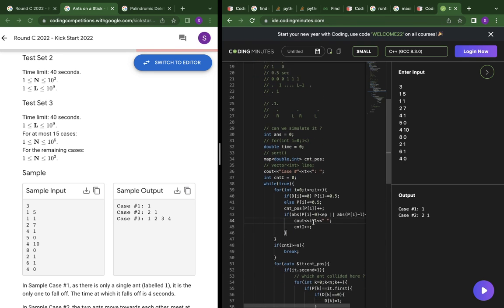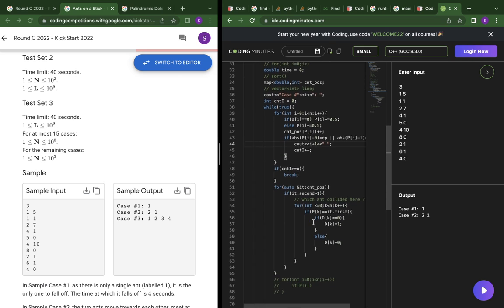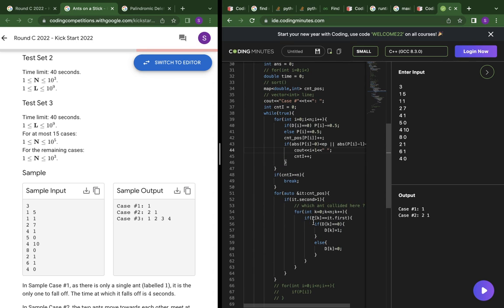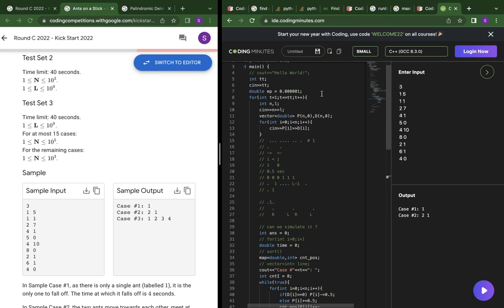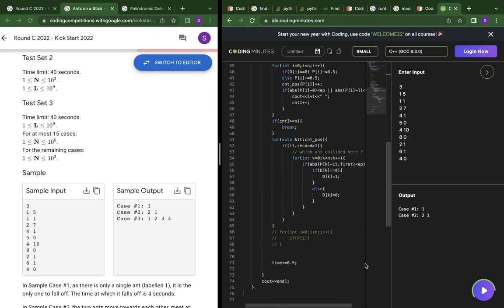Where is case number 3? Please show me case number 3.